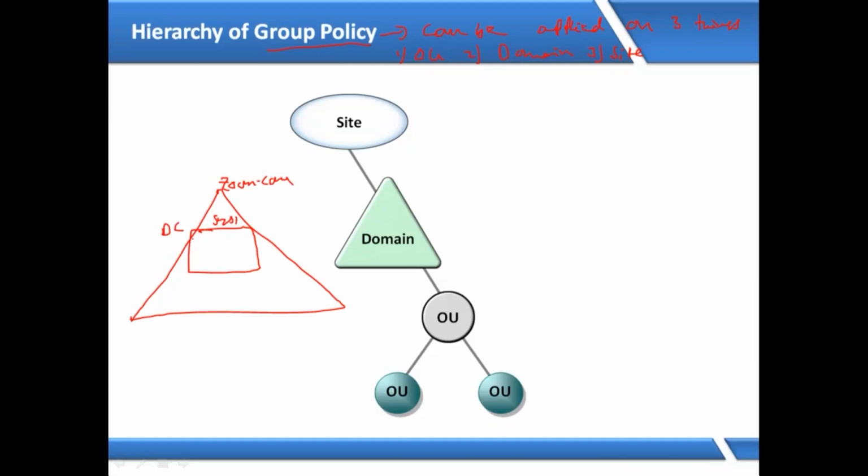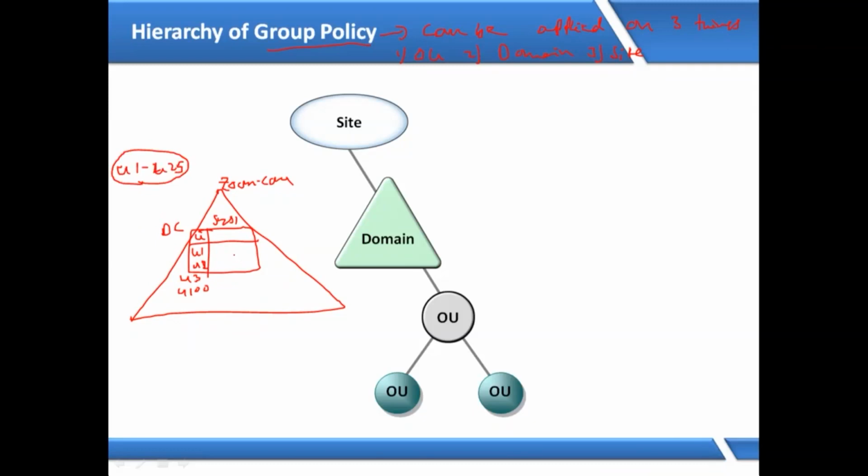Now here I have some employees, users U1, U2, U3, like this, 100 employees. Now the company wants the 25 employees, U1 to U25, to not get the computer icon when they log into their machine.